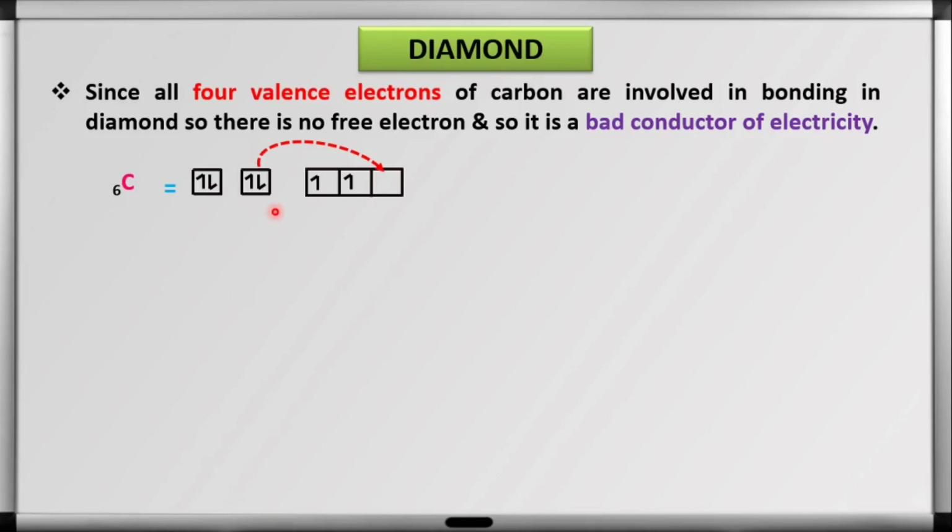In the ground state, and in the excited state, one electron of the 2s orbital is shifted to the 2p orbital. Now see here, there are 4 unpaired electrons, and they are involved in bonding with another carbon.